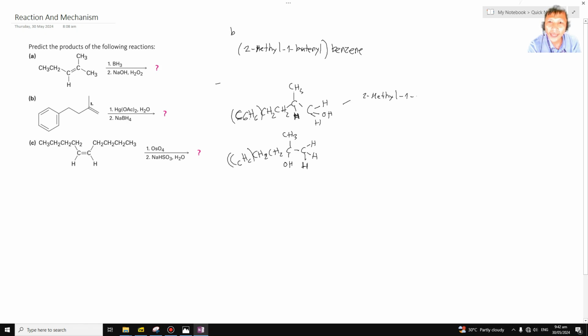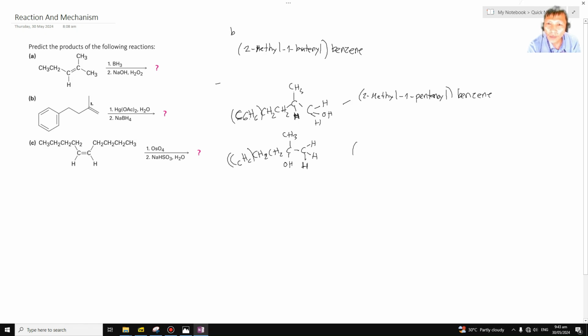You have pentanol, and you add that YL, pentanoyl. 1 pentanoyl, and then you enclose it in a parenthesis, since this is only a substituent. 2 methyl 1 pentanoyl benzene.